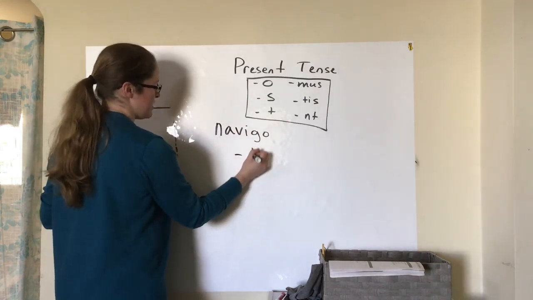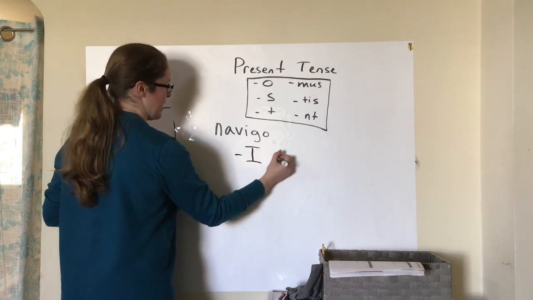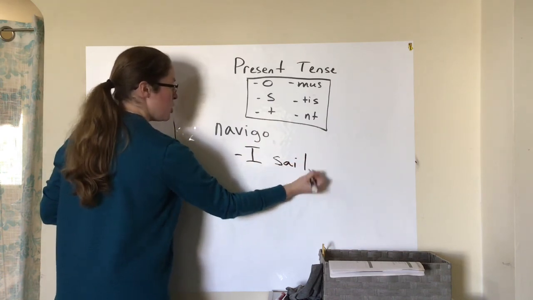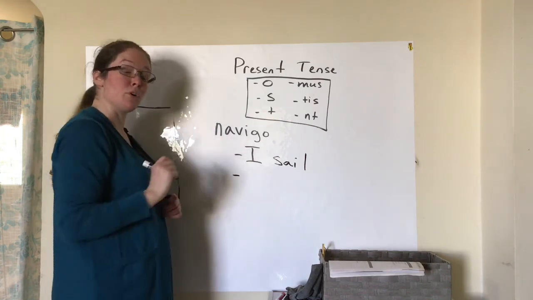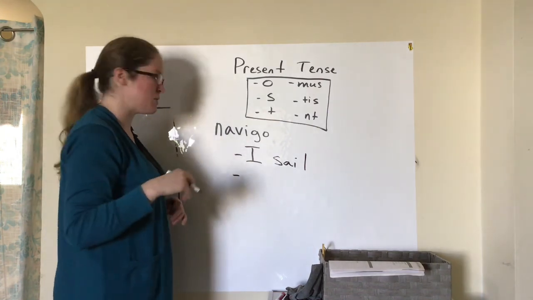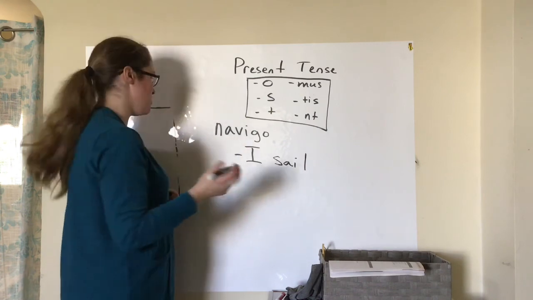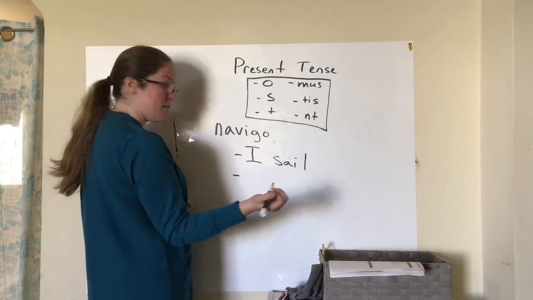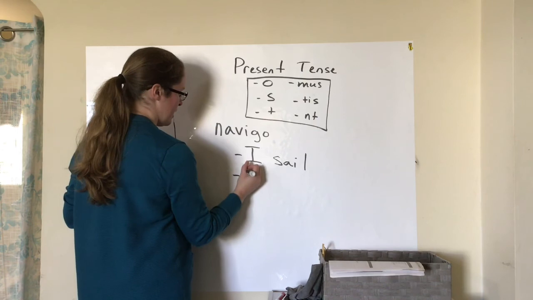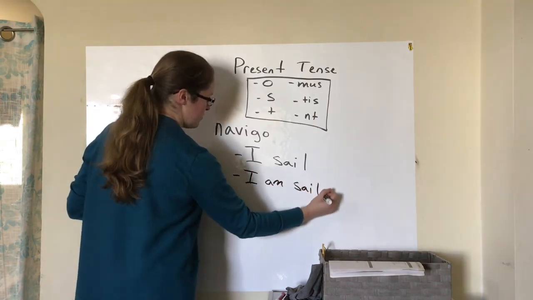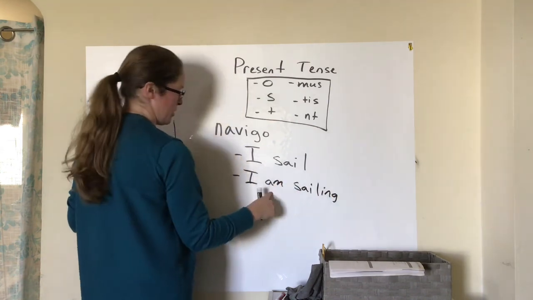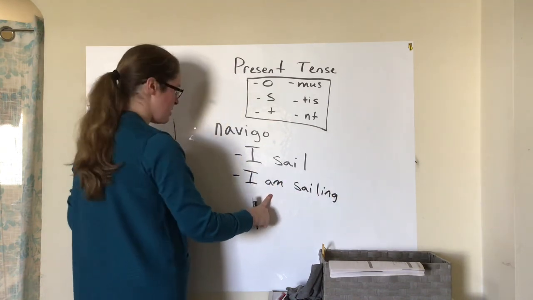If we had the word navigo, we could translate it 3 different ways. We could translate it as the simple present, I sail. We could translate it as the present progressive. You don't have to memorize these Latin terms, but if you're a grammar nerd and want to know this stuff, you can. The present progressive would be I am sailing. So it's still happening right now, it's just a different way of saying it.